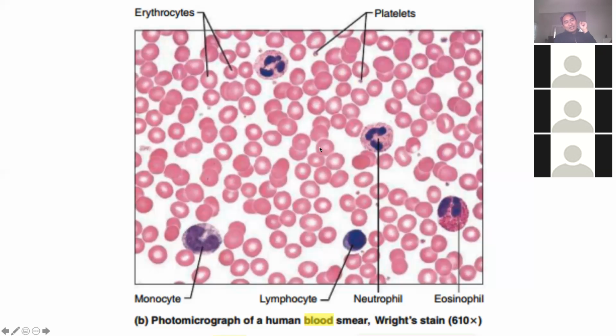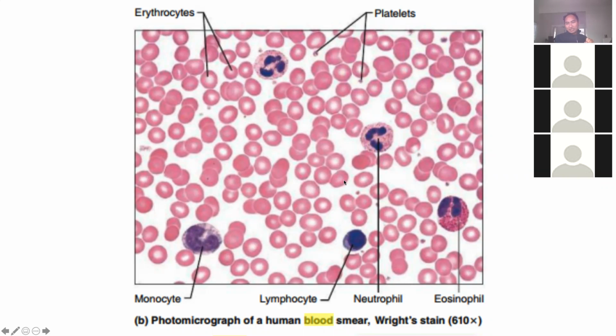And if you can see the nucleus of these white blood cells, can you see nucleus in the RBC? No. Why is that? Because RBC do not have nucleus. RBC, red blood cell, ideally a cell needs to have organelles like mitochondria, nucleus, nucleolus.